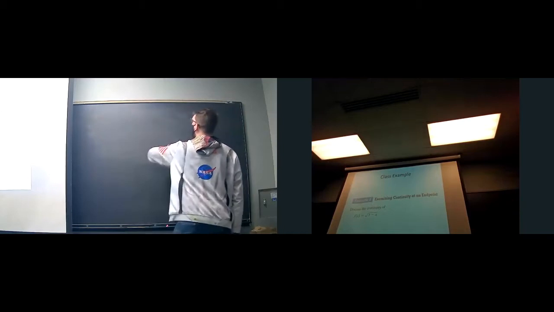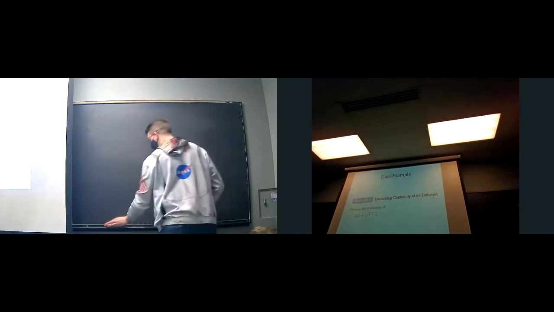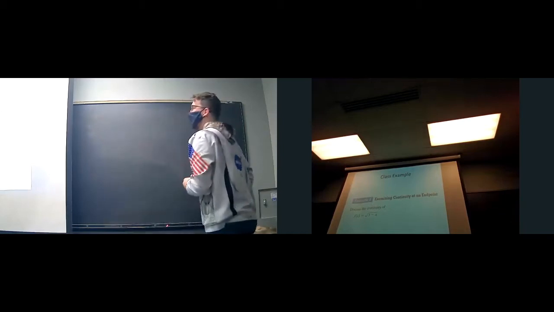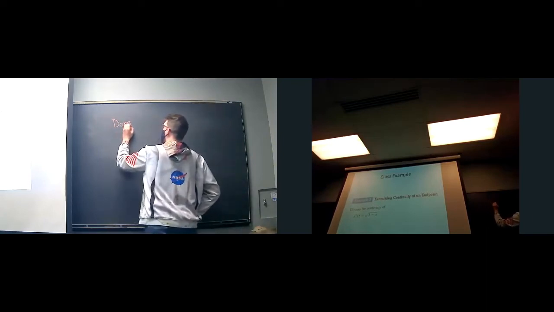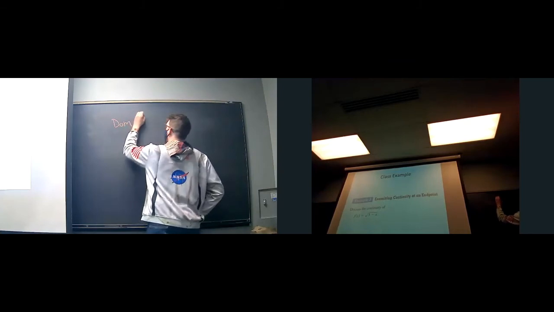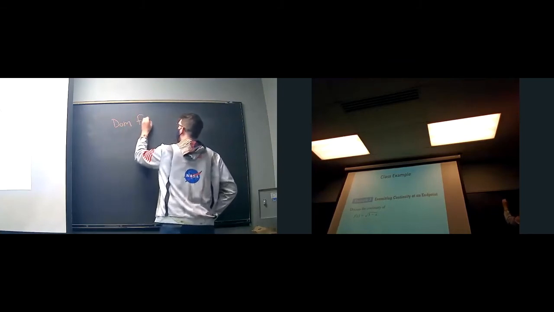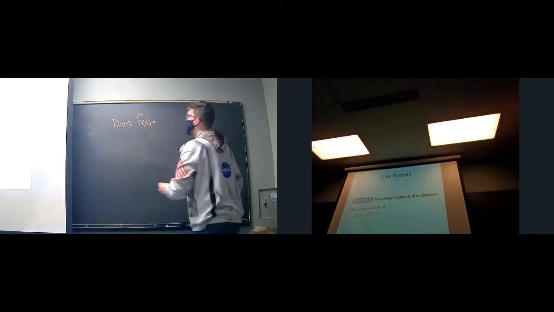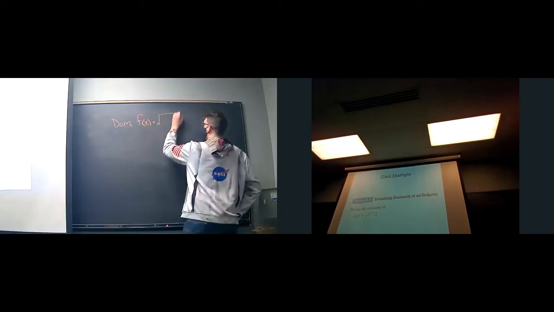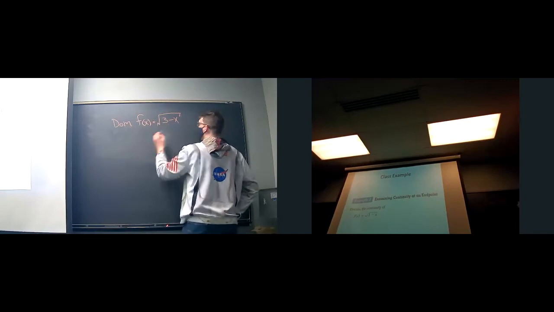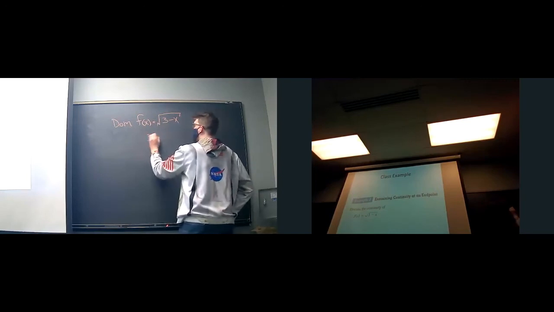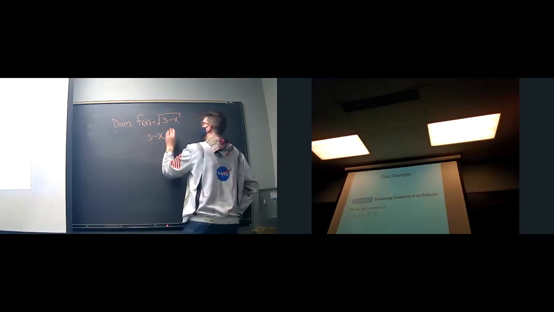What is its domain? So the domain of f of x equal to the square root of 3 minus x is going to be any value of x where 3 minus x is greater than or equal to 0, right?